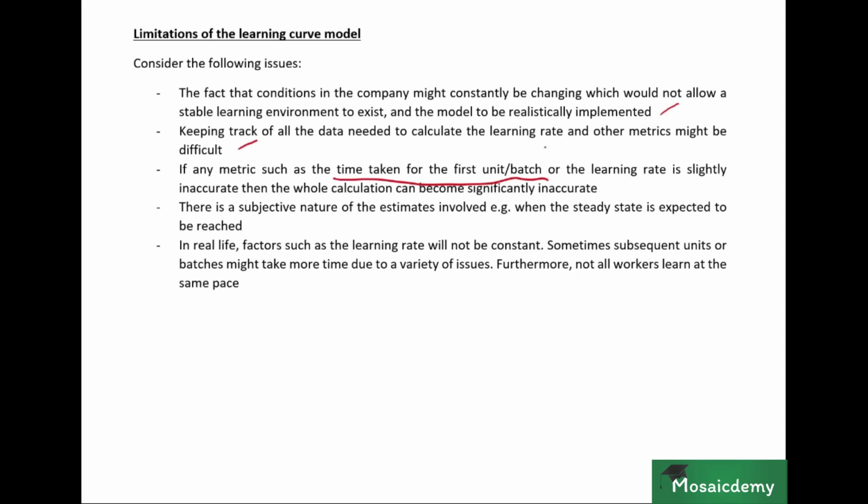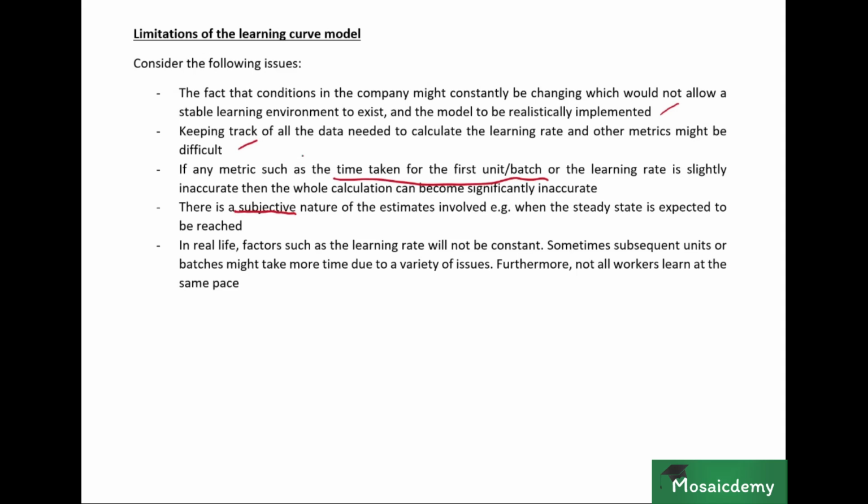Furthermore, there's subjectivity involved in the estimates used to determine various different metrics in the calculation. For example, when will the steady state be reached? It'll be difficult to determine. Is it going to be at the 100th batch, the 200th batch, and so on and so forth? And as we know in real life, it's not necessarily going to be the case that you're going to continuously learn one batch after another and then you're going to stop learning.